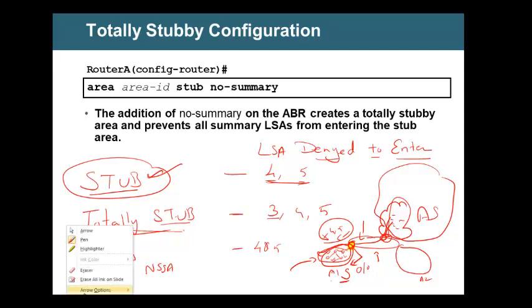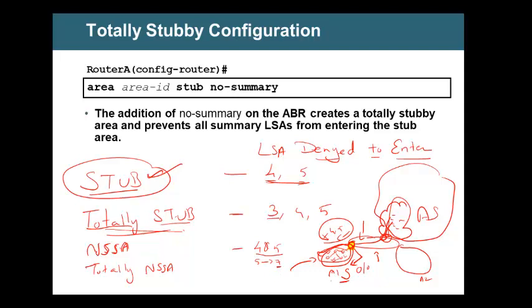What does that mean? Even though we deny 4 and 5, you will still be learning EIGRP routes. How? Instead of 5, it will be converted to 7, which is not denied by stub. Because it is 7, it is now allowed inside.